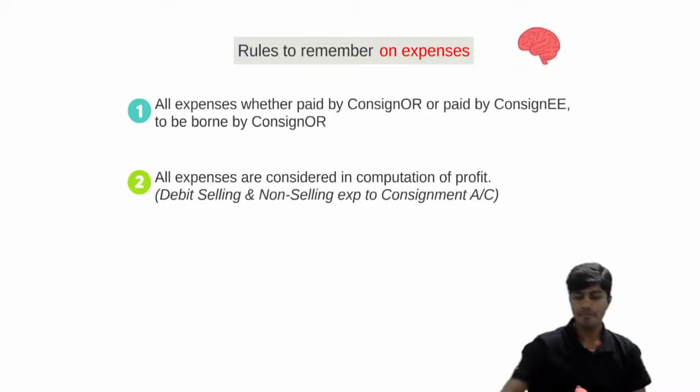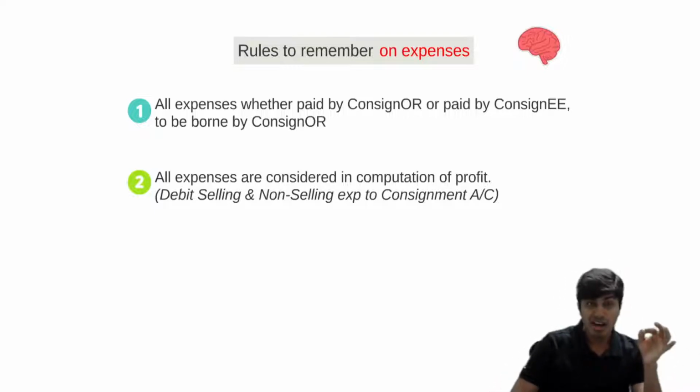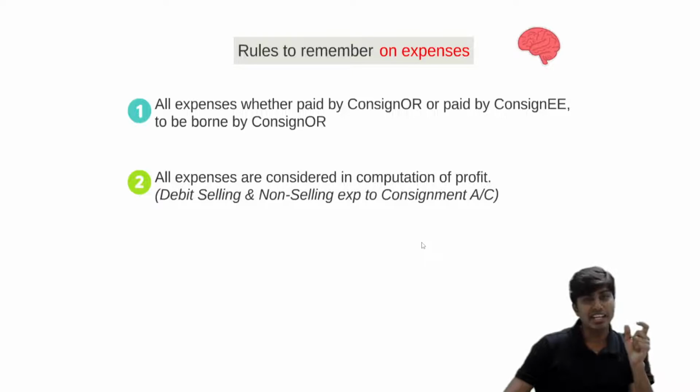Both the expenses are to be considered in computation of profit. Both the expenses are to be borne by consignor. But when you are trying to value the consignment stock, consignment inventory, you should only consider non-selling expense.